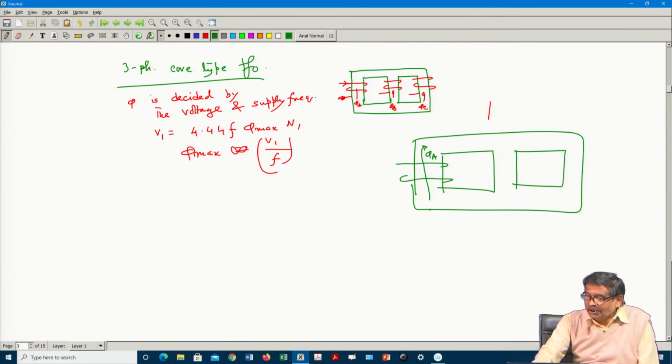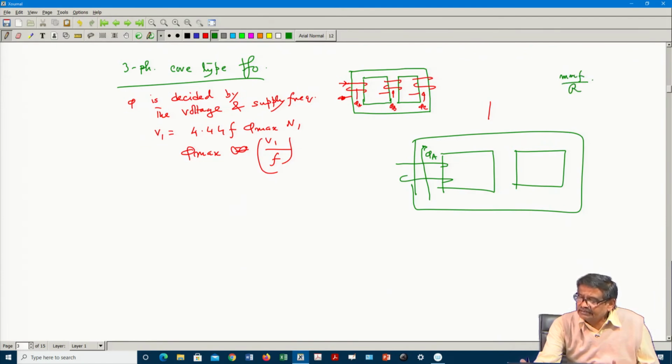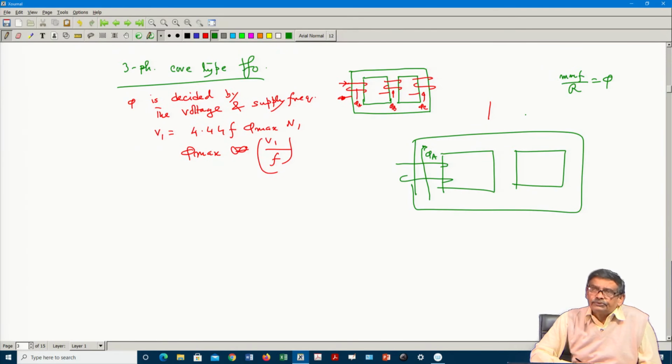How the flux will be shared between these two portions is decided by the reluctance of the path. MMF by reluctance is flux, that is true.